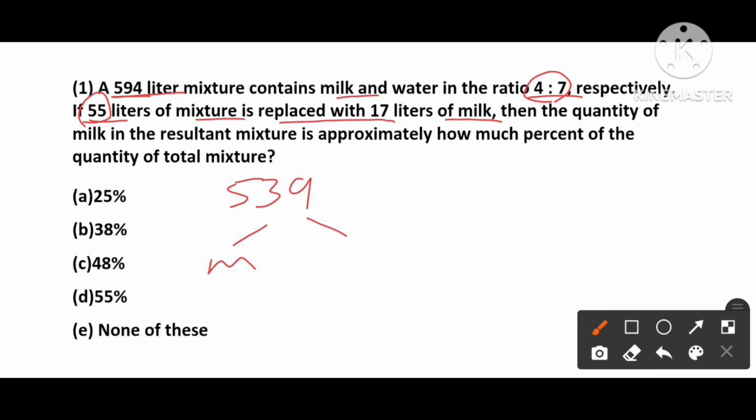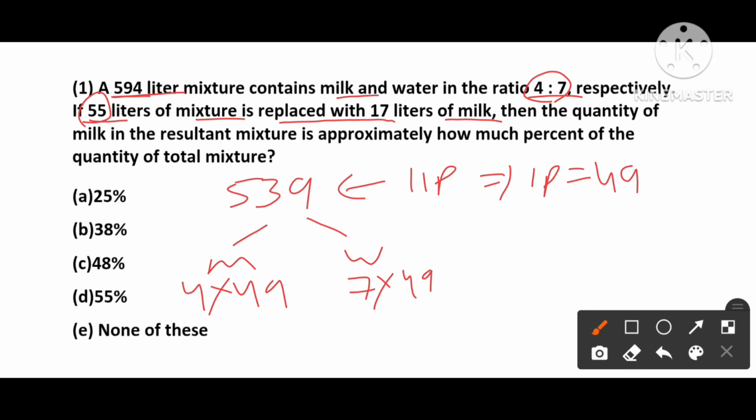So milk and water in the final result we have is 4:7 means 4 into total 11 parts. 11 parts value is 539 means 1 part value will be 49. So 4 into 49, 7 into 49. 4 9 times 36 4 times 16, 196. 7 9 times 63 and 7 4 times 28 plus 6, 34. So these are the values we have.